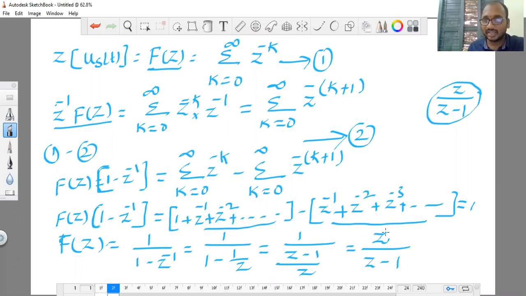So finally we get the z transform of our unit step signal u(t) as z divided by z minus 1. F of z is equal to z divided by z minus 1.